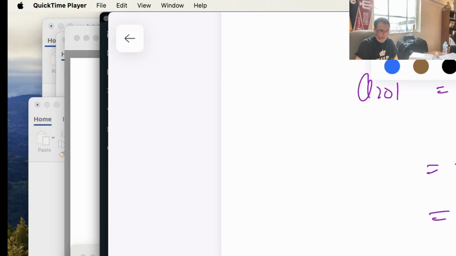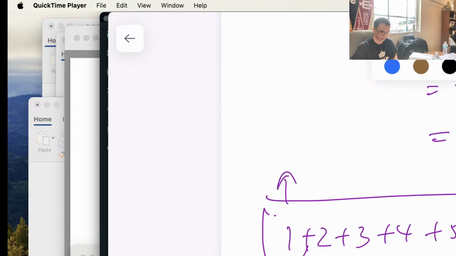So how do we calculate this if the common difference is 1? What was the equation he used? What did he do? You don't remember what he did? He did 1 plus 100. So you're adding the first term to the last term. So it'll be 1 plus 100, 2 plus 99, 3 plus what? 98. 4 plus what? 97.